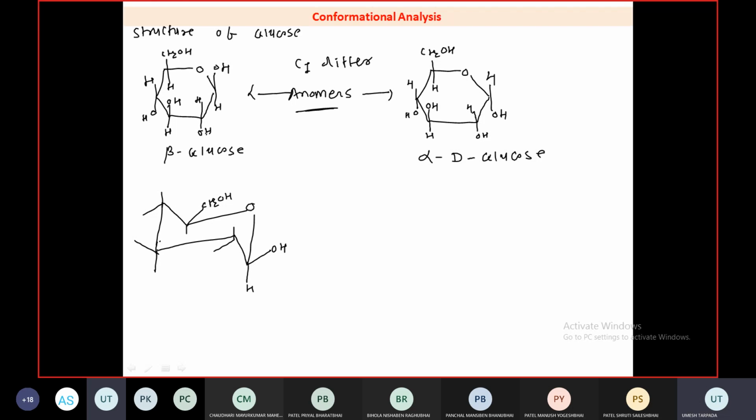Now in the next carbon, the OH group is below the plane. Remember, after writing one carbon, if the OH group is at equatorial position, this is called beta form. And if the OH group is at axial position, then this is called alpha.